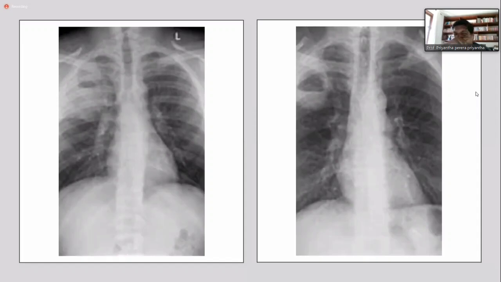And what physical signs will you note during examination of the chest, on auscultation, in a child with a lung abscess?